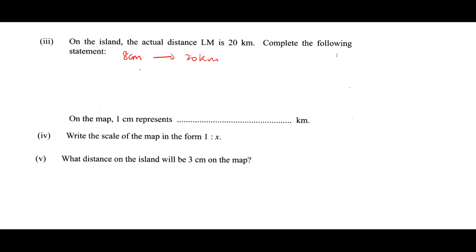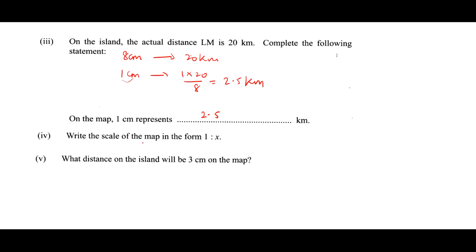So we want to find out how much is 1 cm. So 1 cm will be equivalent to 1 multiplied by 20 over 8, and this will give us 2.5 kilometers. I'm just cross multiplying, 1 multiplied by 20 divided by 8. So the answer here is 2.5.